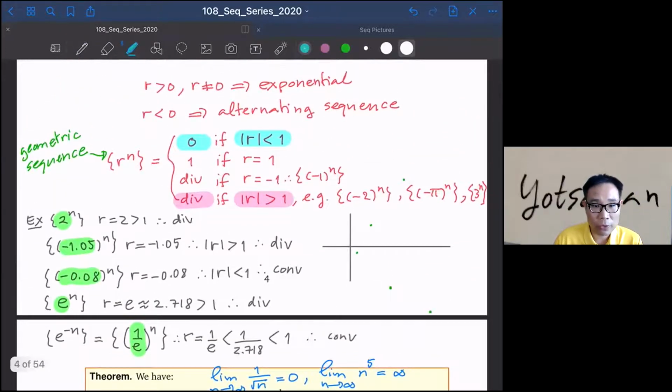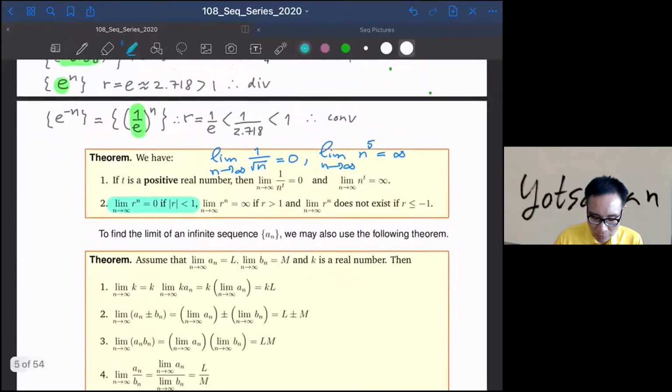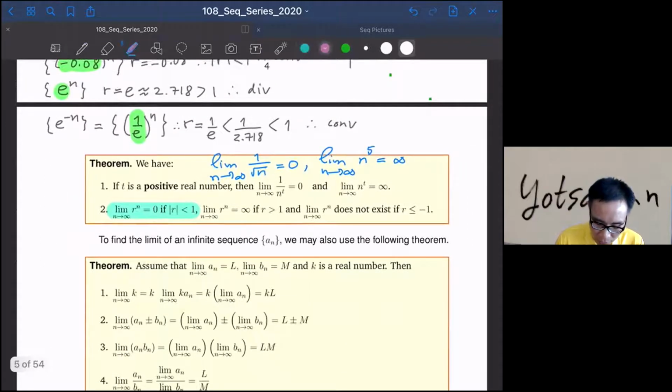And for the pink one, when you have r more than 1, it's going to turn out to be going up without an upper bound, so it's going to be infinity. However, if you have r less than or equal to negative 1, it's going to turn out that the limit does not exist. Okay, so that will be just for number 2 for the pink case.